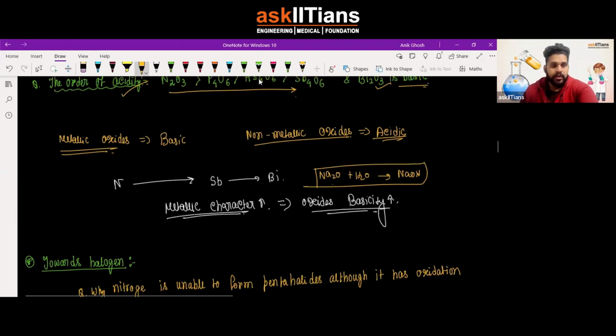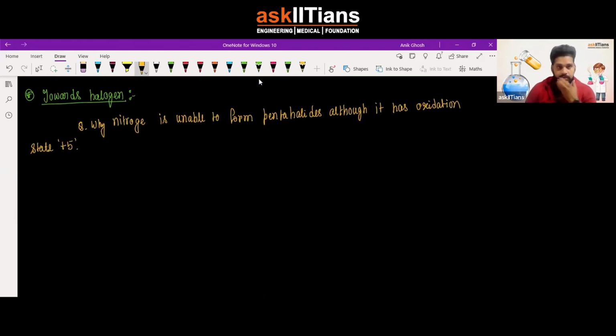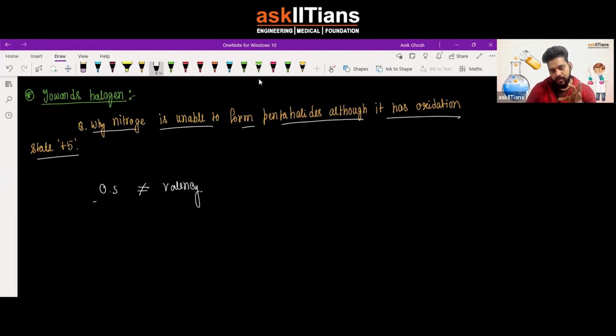Now, the reaction towards halogens. Why is nitrogen unable to form pentahalides although it has an oxidation state of +5? Like I said, oxidation state is not equal to valence. Valency is the number of unpaired electrons.